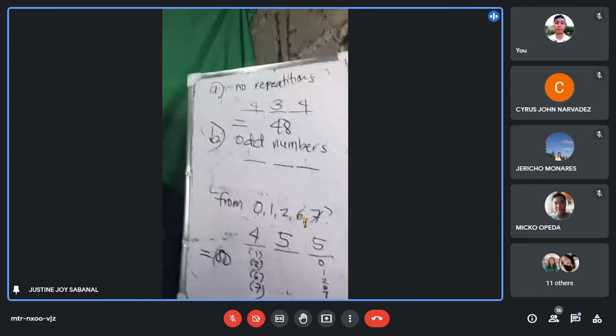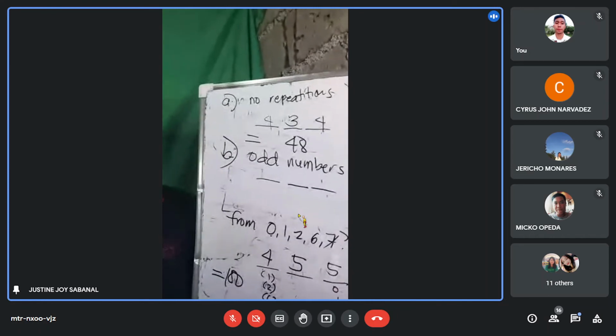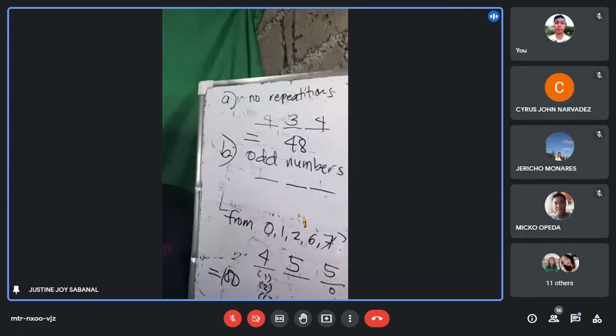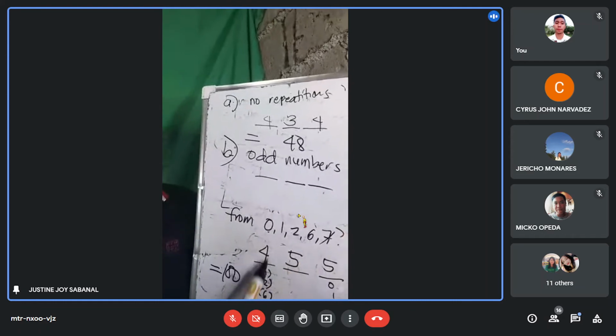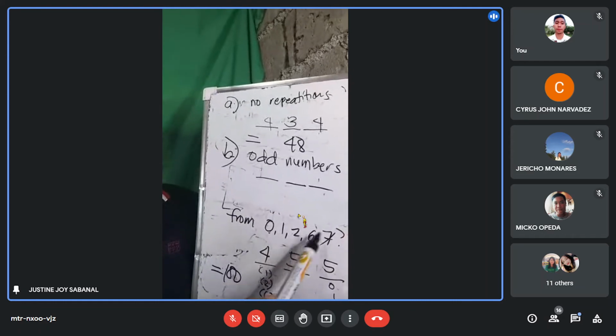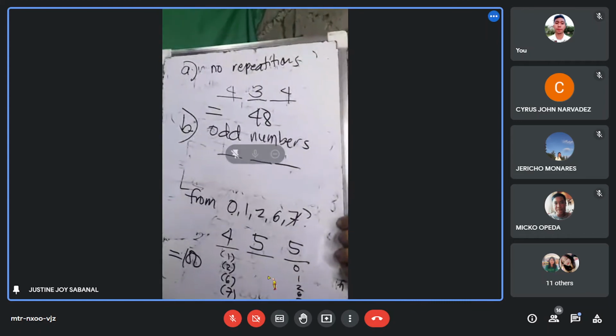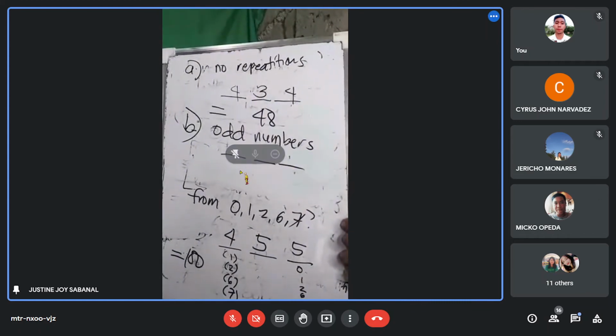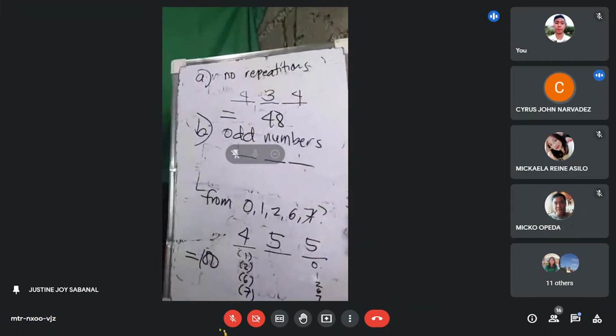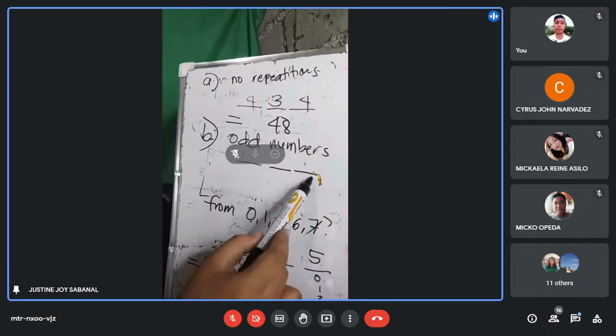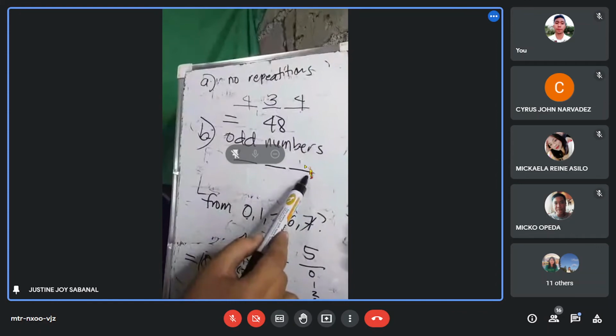So, pag odd numbers, di ba, dapat nag-e-end siya sa 1, 3, 5, 7, 9. So, dun sa ating options po, we have 0, 1, 2, 6, 7. Ilan yung odd numbers dyan? Dalawa po. So, yung dalawang value na yun, dun nyo muna ilalagay sa ones digit.